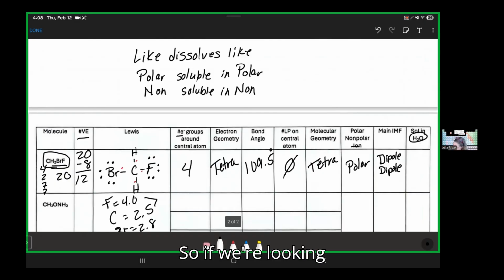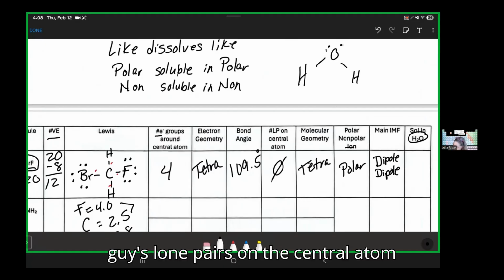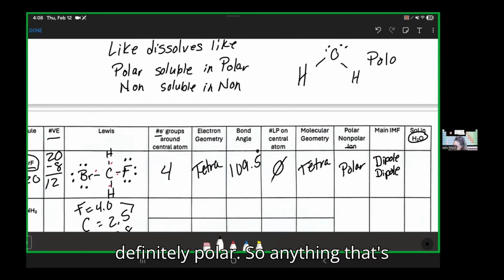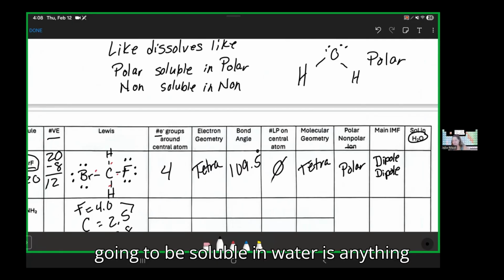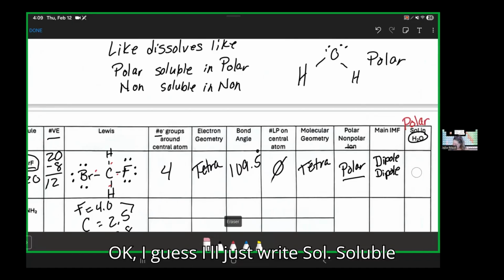If we're looking at water, water has lone pairs on the central atom, so it's definitely polar. So anything that's going to be soluble in water is anything that is polar. So this is polar. It's soluble in water. I'll just write soluble.